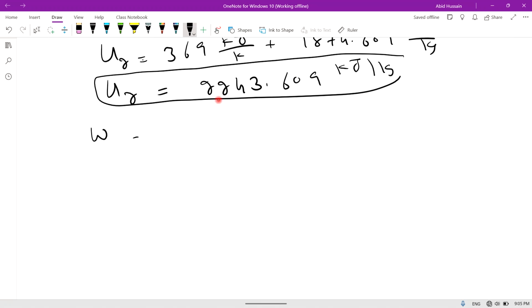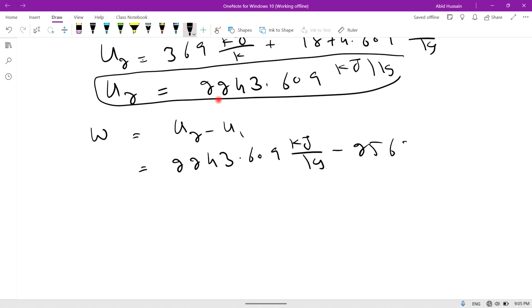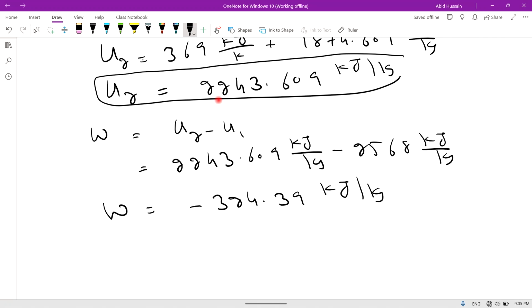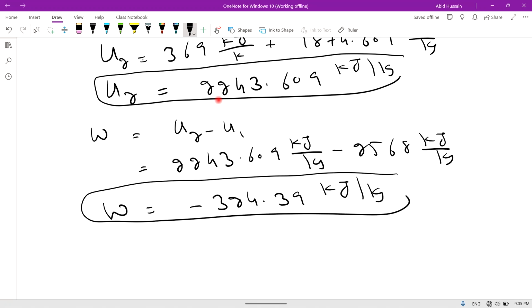So now we can easily find work done. Work done is equal to U2 minus U1. The value of U2 is 2243.609 kilojoule per kilogram, minus the value of U1, which is 2568 kilojoule per kilogram. So work done is equal to minus 324.39 kilojoule per kilogram. This is the specific work done per kilogram.